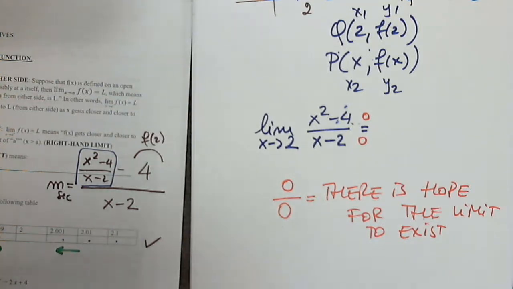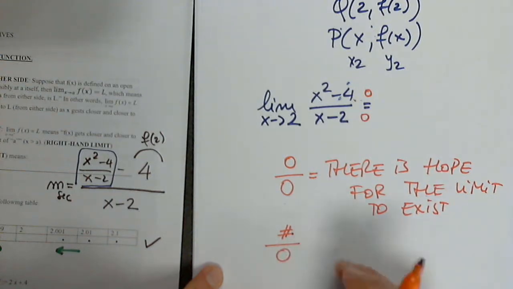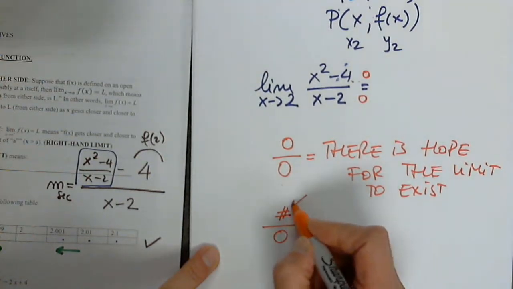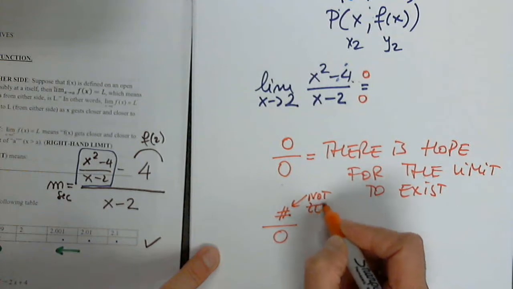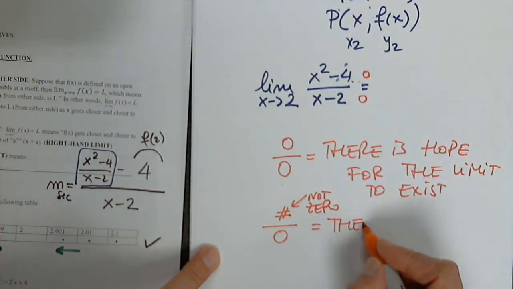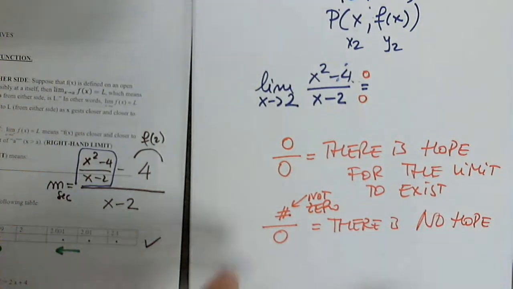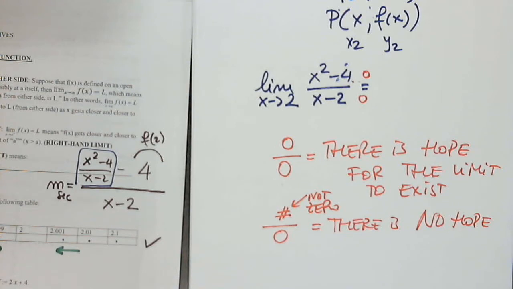In which situation is there no hope? In the situation of any number you want, not 0, divided by 0. In this situation, there is no hope for this limit to exist. This limit will never exist.